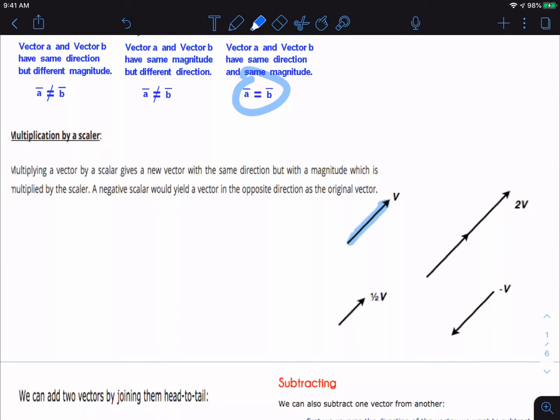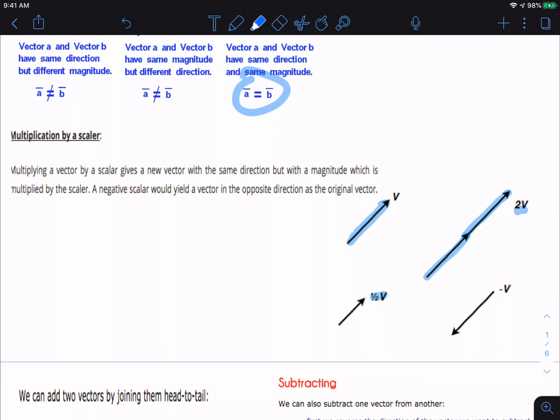And so we can see that this 2v is going to be v written twice. So it's going to be the vector going in the same direction, but twice the length, right? Twice the magnitude. The 1/2 v is going to be going in the same direction as the original vector, but it's going to be half the length.